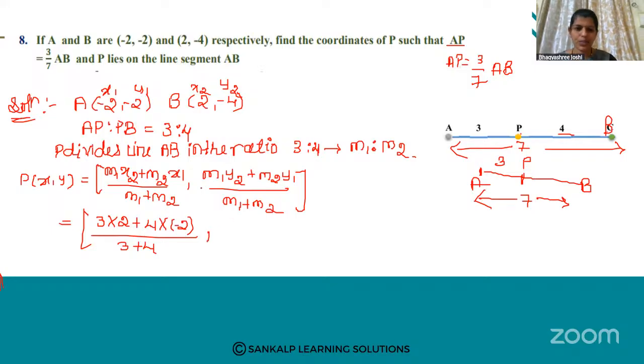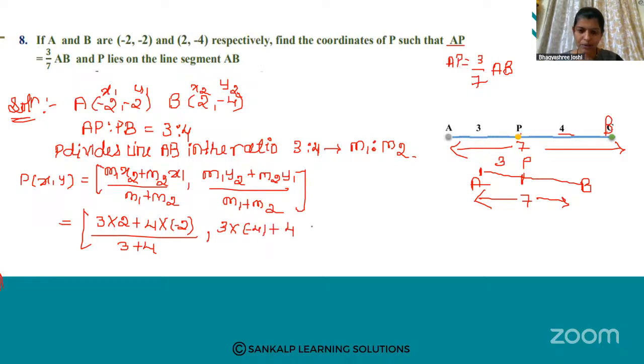Next one. m1 value is 3, y2 value is minus 4, plus m2 value is 4 and y1 value is minus 2, divided by 3 plus 4. Next, 3 2s are 6, minus 4 2s are 8, divided by 7. 4 3s are 12, minus 8, divided by 7.